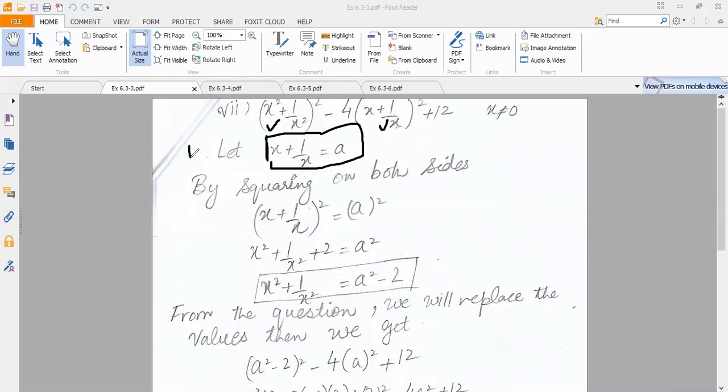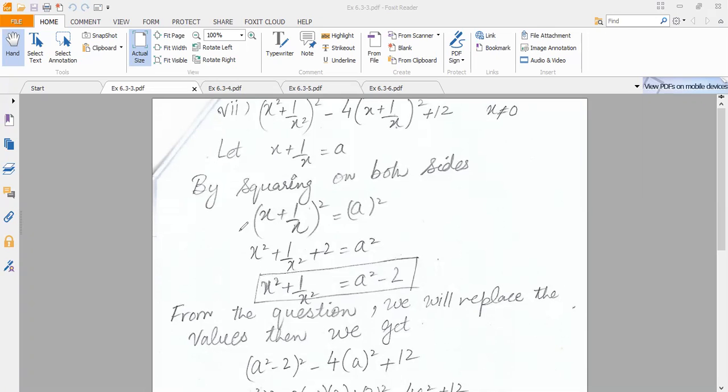After the first step, we will take the square of both sides. By squaring both sides, the same equation on the top that we had supposed: (x + 1/x)² is equal to a².